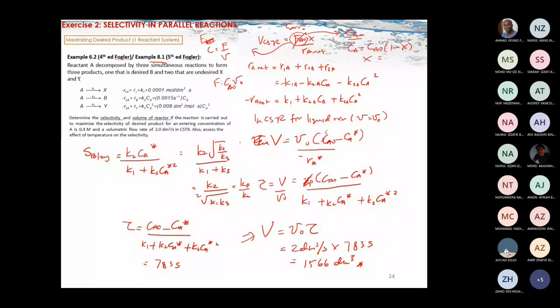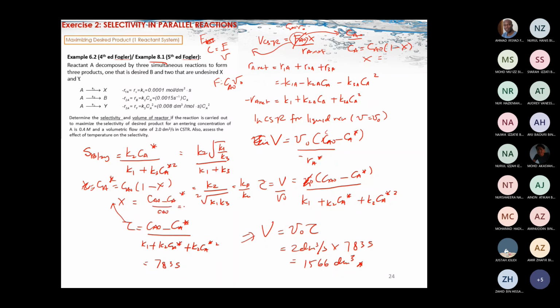Alright, so daripada sini sebenarnya you boleh juga dapatkan X. Okay, sebab apa? Sekarang ni X adalah equals daripada, tengok daripada sini, manipulate daripada sini. Okay, sebab CA is equal to CA0 1 minus X. Okay, so daripada sini manipulatekan dia, rearrangekan dia, X is equals to CA0 minus CA over CA0.